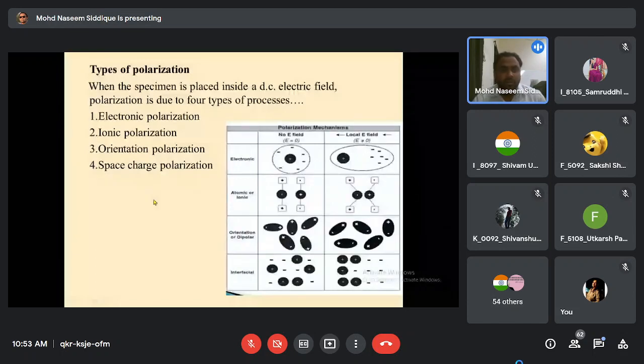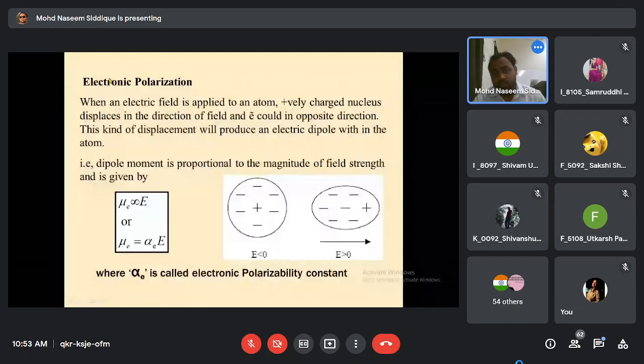Now we start with electronic polarization. What is electronic polarization? We see electronic polarization basically in monoatomic gases, more especially inert gas atoms like helium, neon, krypton. When an electric field is applied to an atom, the positive charge nucleus is displaced in the direction of the field, and the electron cloud in the opposite direction.